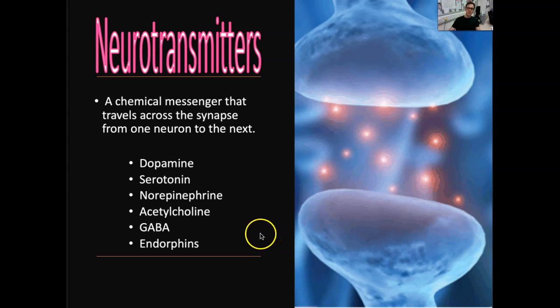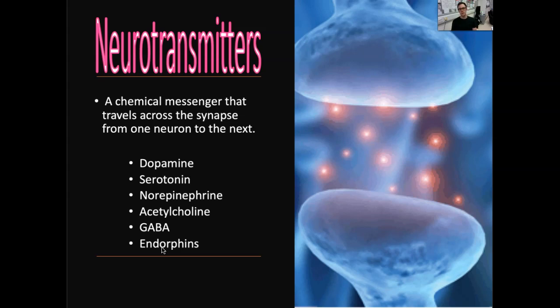These are some of your most common ones that you'll see in psychology: dopamine, serotonin, norepinephrine, acetylcholine, GABA, and endorphins. Now make sure you know these because they will be on your test, and you have a table in your book so you can study them there. Make sure you memorize all of them, all right?